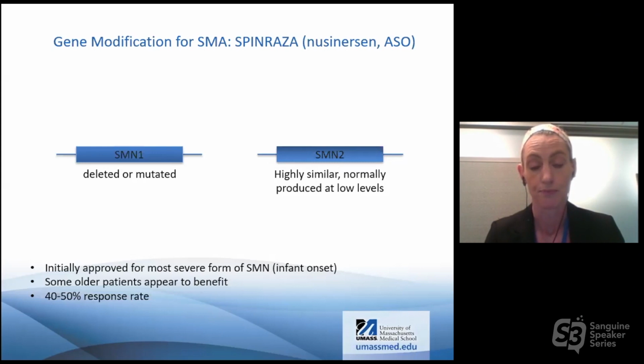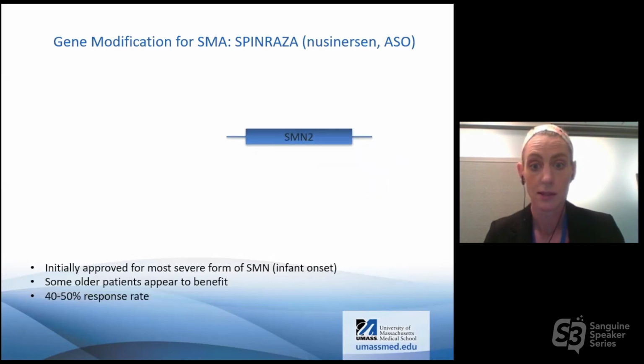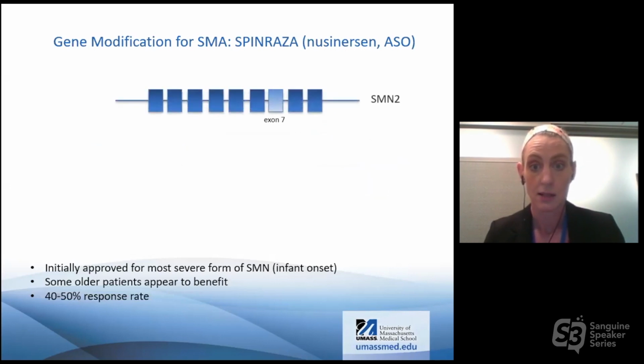So everybody has both of these. Some people have more copies of SMN2 than others. So it's highly similar, but it is normally produced at low levels. And so what the ASO does is it changes the SMN2 so that it's more like SMN1 by changing the way the mRNA is made.